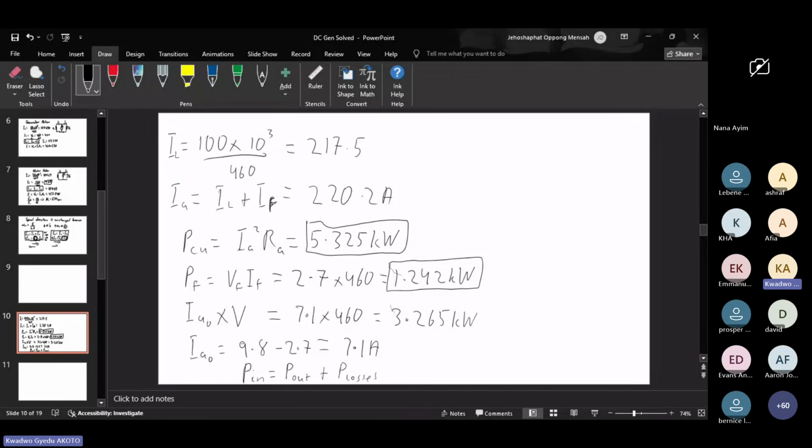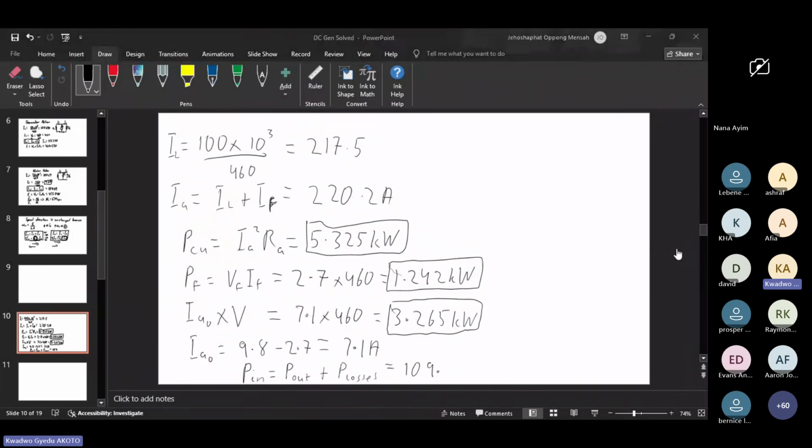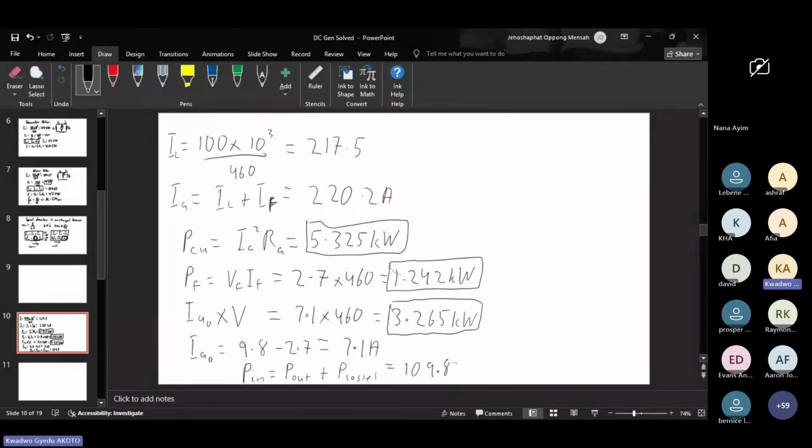So our input power is going to be 109.832 kilowatts, right?